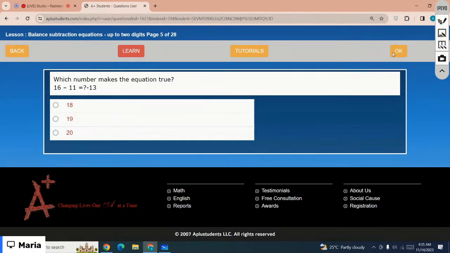16 minus 11 equals missing number minus 13. Which is the correct option?